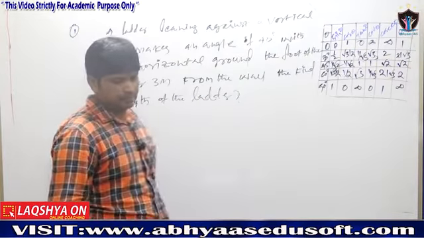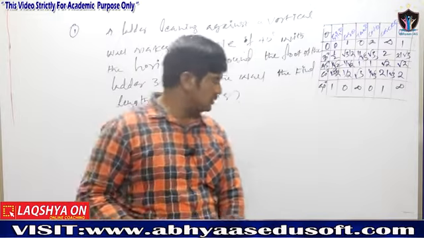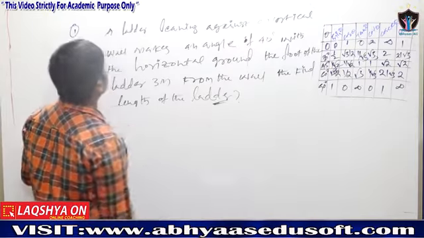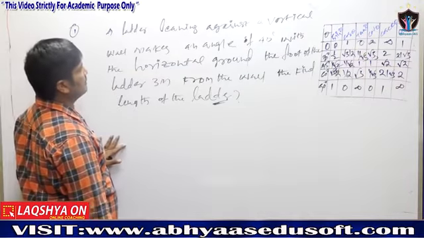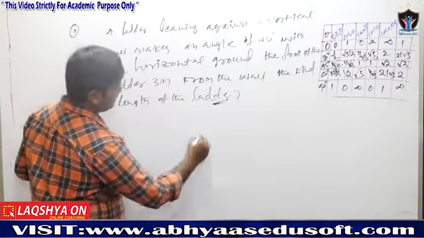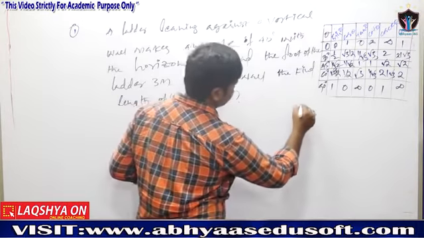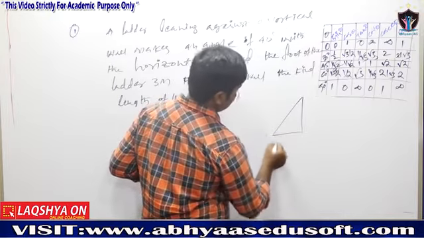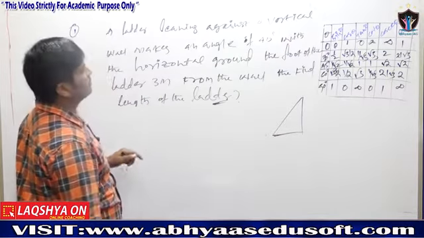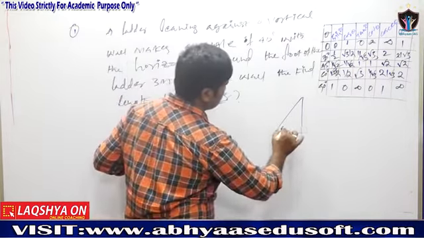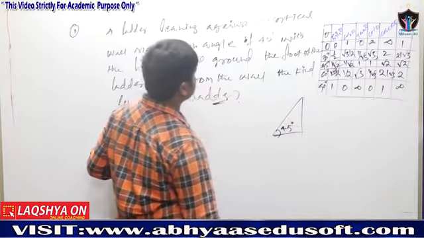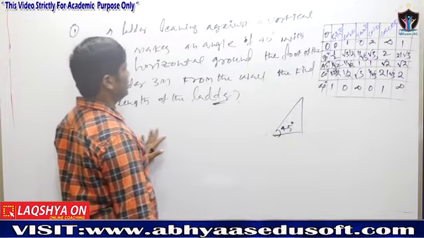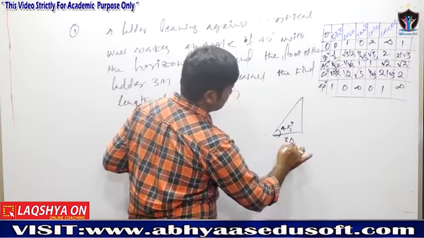So this problem we have to take. A ladder leaning against a vertical wall: if we consider this is the wall and the ladder is leaning like that, it makes an angle of 45 degrees, and the foot of the ladder is 3 meters from the wall.